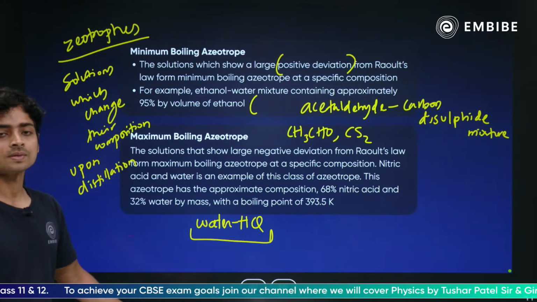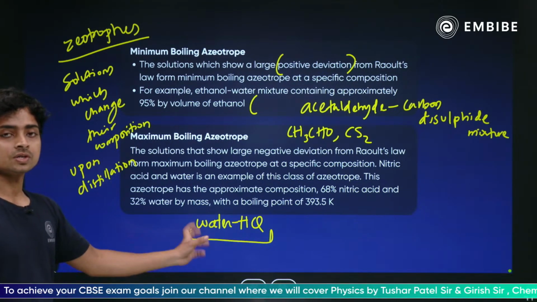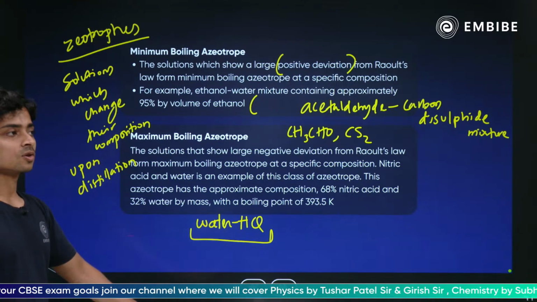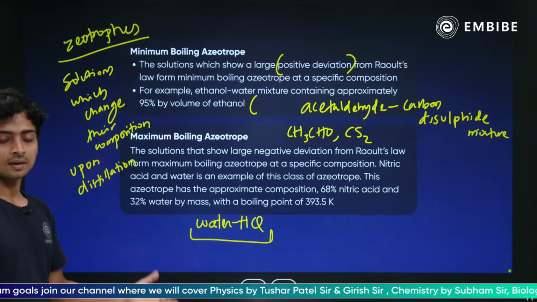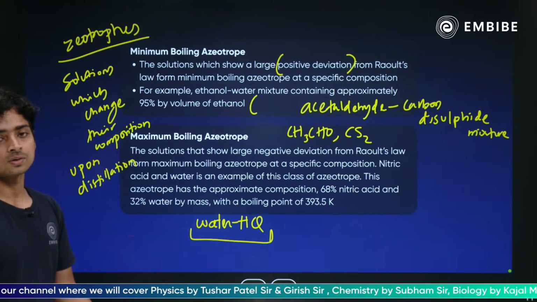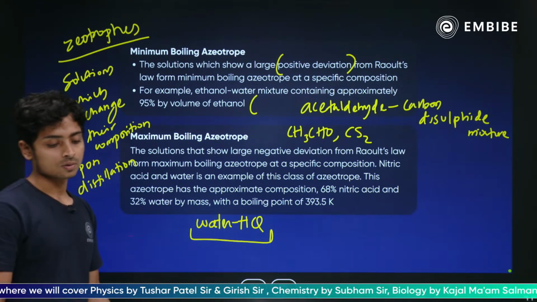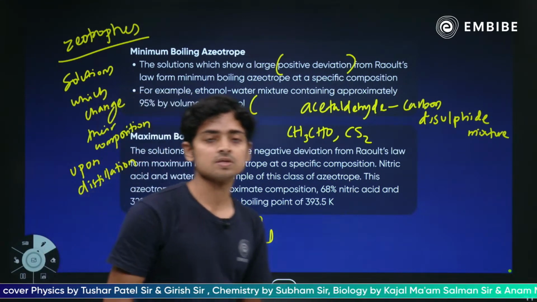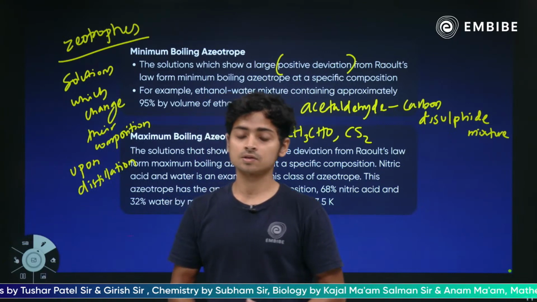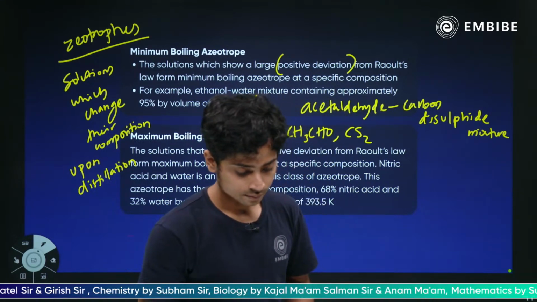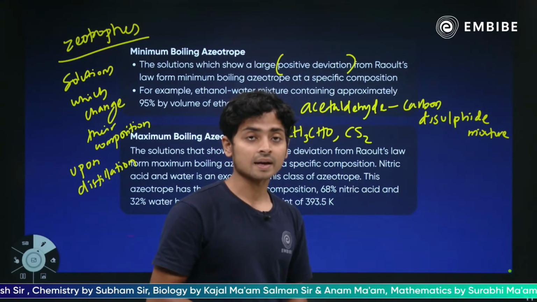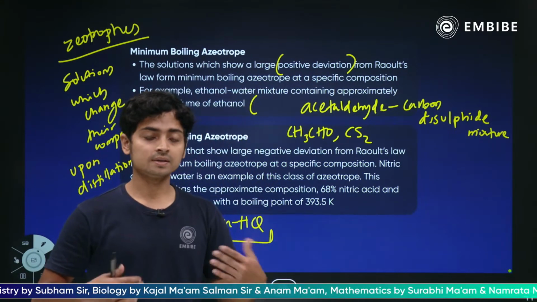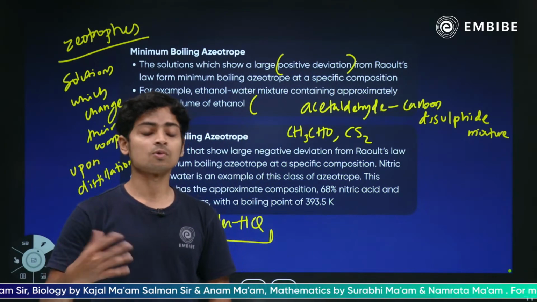So zeotropes are the opposite of azeotropes. Zeotropes are liquid mixtures which change their composition upon distillation. But azeotropes, if you make them undergo distillation or boiling, won't change their composition.